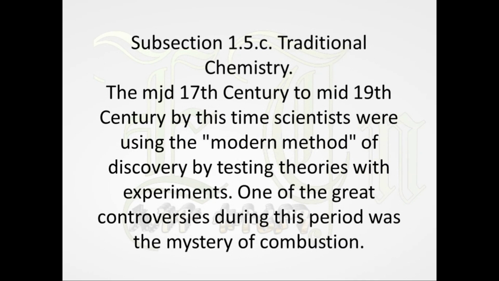Subsection 1.5.c. Traditional chemistry. The mid-17th century to mid-19th century. By this time, scientists were using modern methods of discovery, by testing theories with experiments. One of the great controversies during this period was the mystery of combustion.